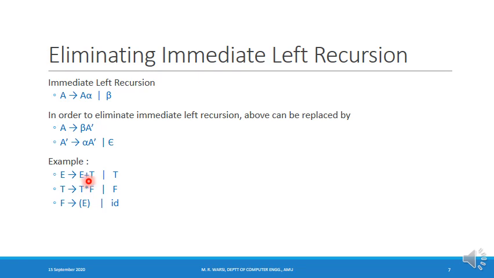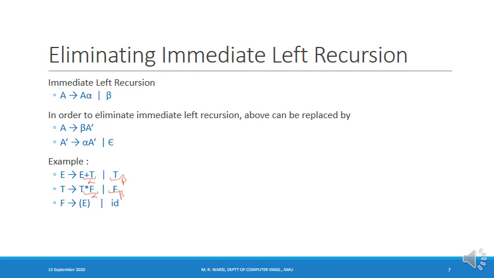Let's compare these two productions with this grammar. What is alpha and beta? Alpha in this grammar is plus T and beta is capital T. And similarly, let us compare these two productions with this grammar. Alpha is star F and beta is capital F. So let me mark it over here. This is alpha and this is beta, and similarly this is alpha and this is beta.